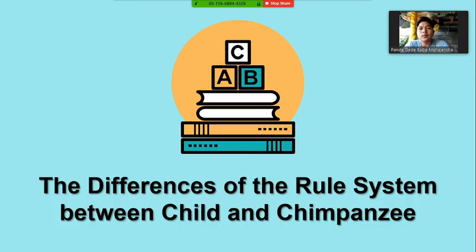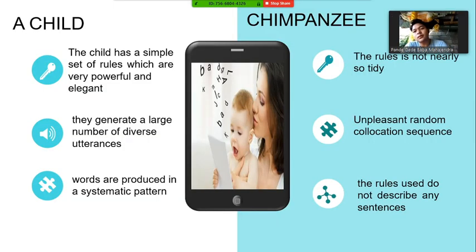So now we'll continue to the differences of the rule system between a child and a chimp. The child has a simple set of rules which are very powerful and elegant.